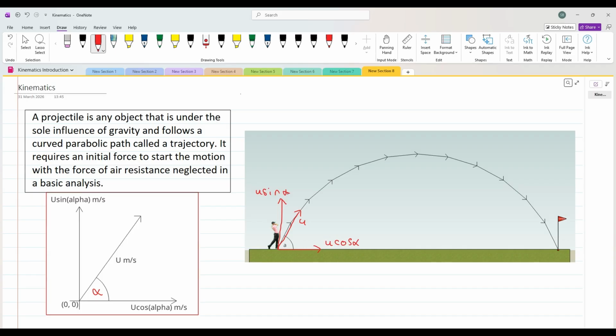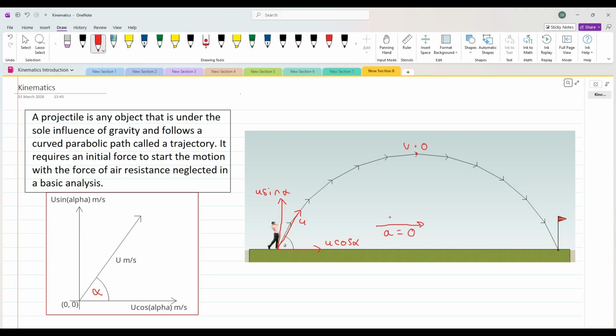Also, a key consideration is to know that at the peak of the trajectory, that is the highest point, roughly in the centre here, the velocity v equals 0. For the horizontal component travelling in this direction, the acceleration a also equals 0.